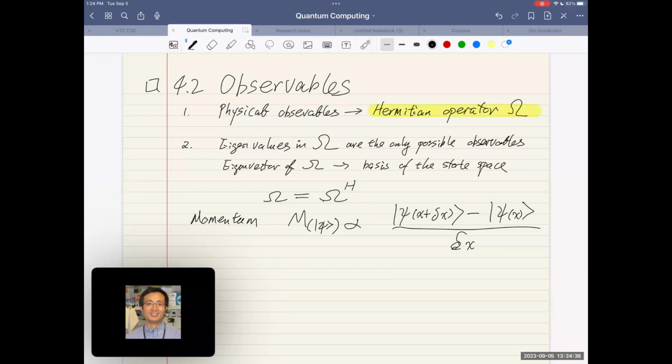Remember, this is a discrete position on a line. And it turned out that the proportionality is defined by the so-called reduced Planck constant. Why is it there? I guess we have to read some theoretical physics to understand that. But that's just a definition of momentum.